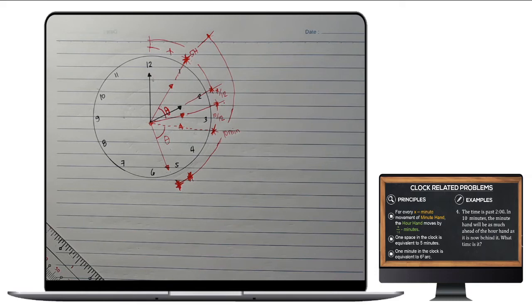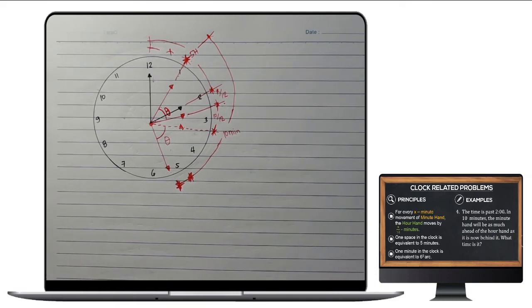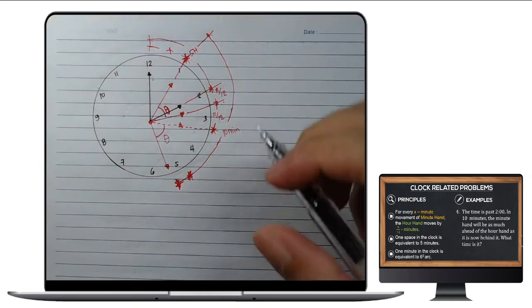From this given figure, we can get this whole position.